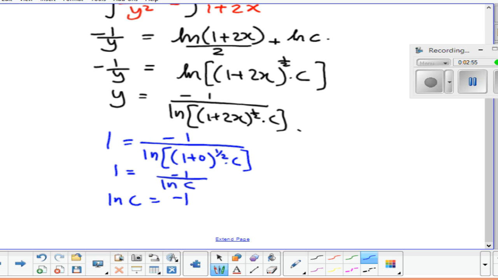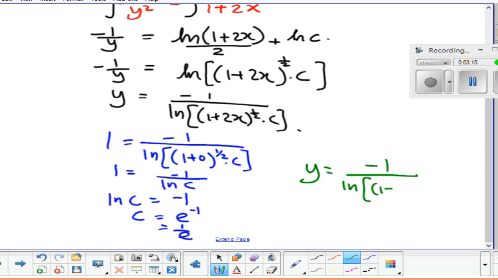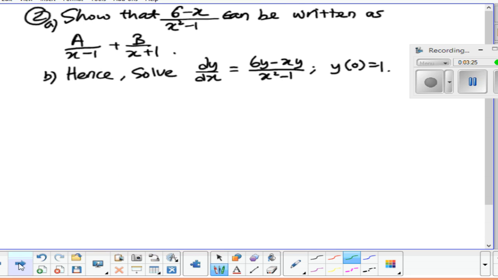So c must be equal to e to the power of negative 1, or 1 over e. Therefore, my equation will be y equal to negative 1 over natural log of (1 plus 2x) to the power of half times e. So here's my answer.